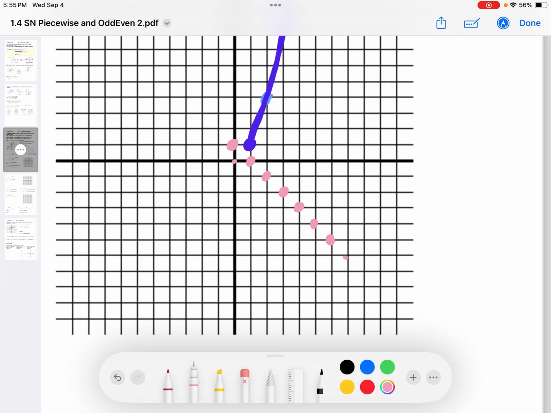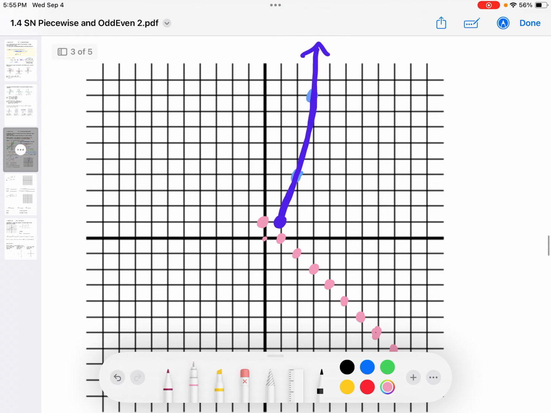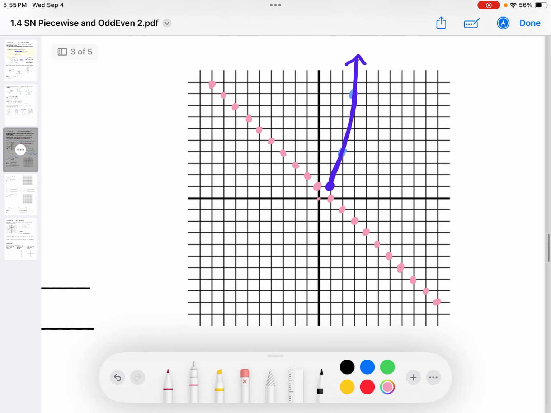Keep going, down 1, right 1, as far as we need to. Then go up 1, left 1. Up 1, left 1 for the other dots. And here's our line. It has a y-intercept at positive 1, and it has a slope of negative 1.